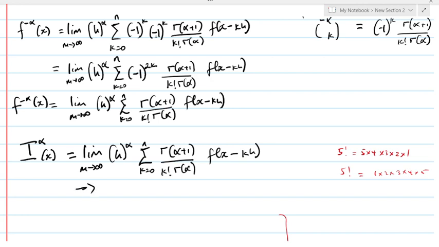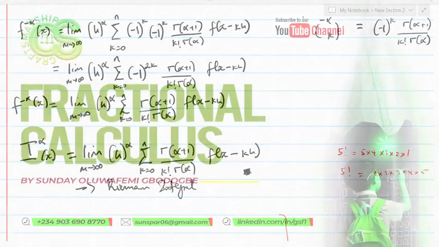Sometimes we call this the Riemann integral. However, in our next lesson we are going to check the Riemann-Liouville integral, whereby we will continue from this particular formula. Alright, thank you for watching. See you in the next lesson.